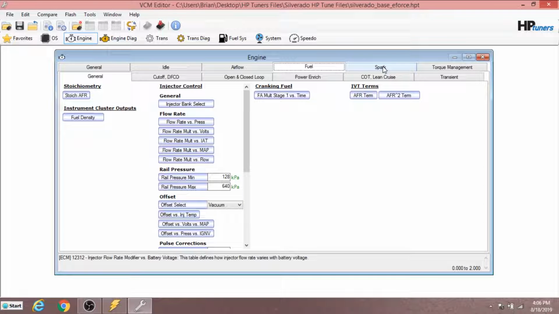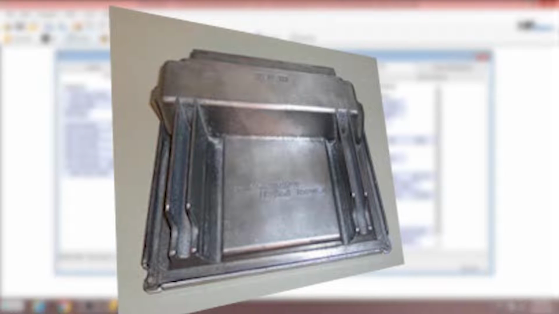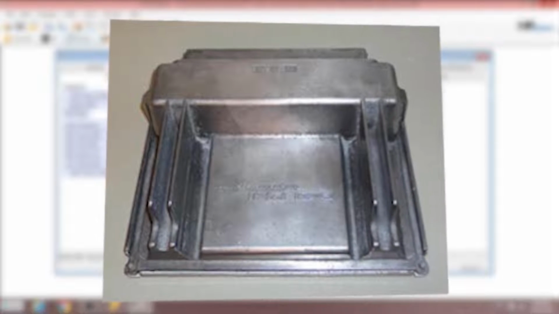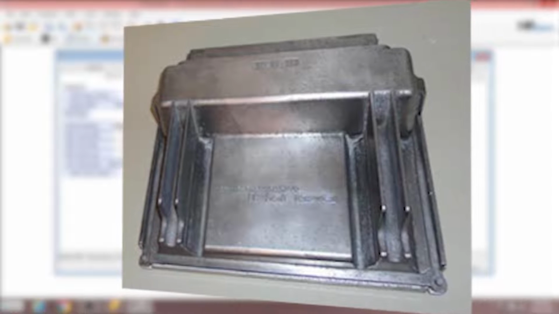So the ECU, this is the engine control unit. So this is basically the computer. It takes all that information from all those sensors, dumps it into the system, and determines how much fuel and spark is needed based on all that information that it's getting. They also can be called a PCM or a powertrain control module.